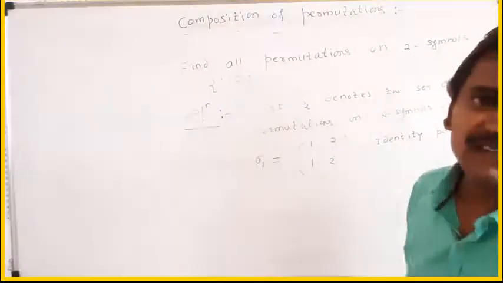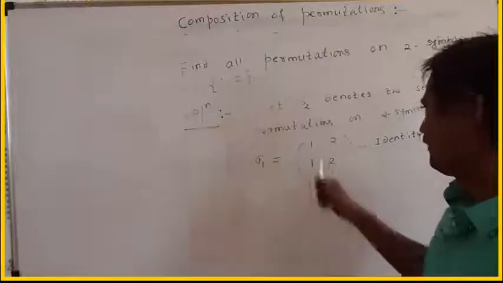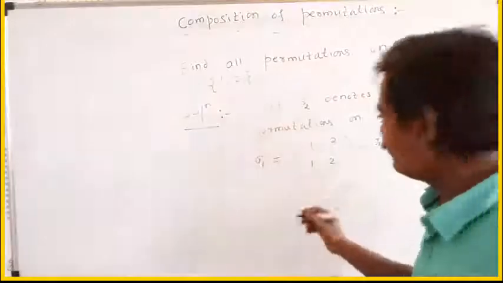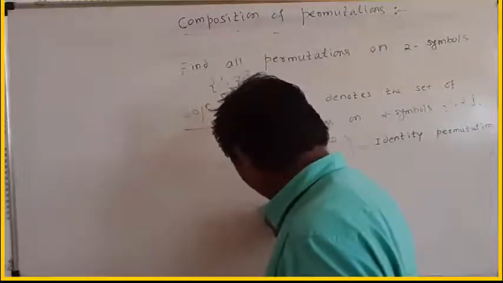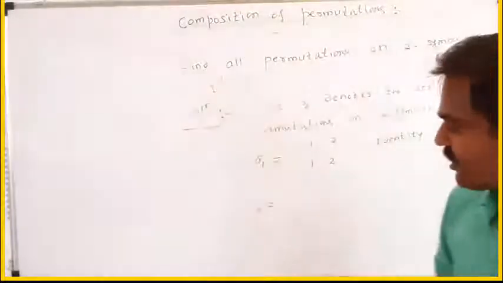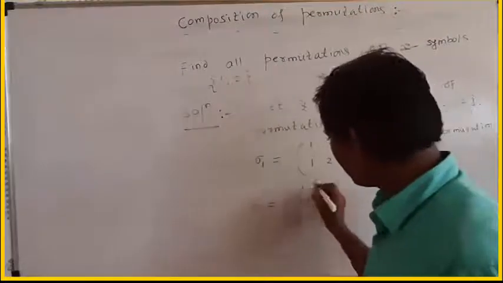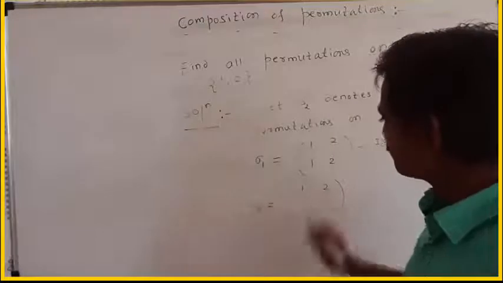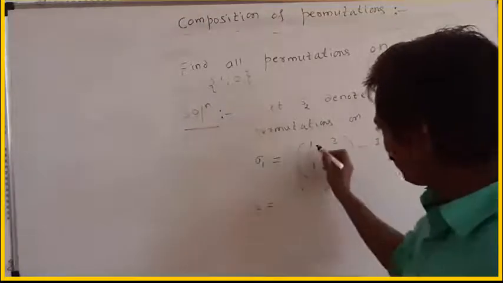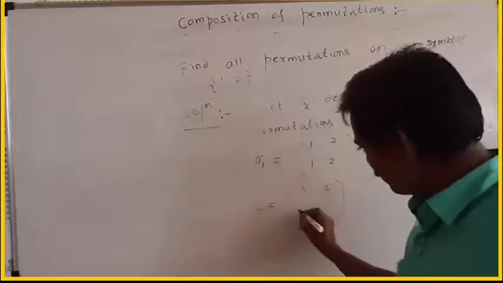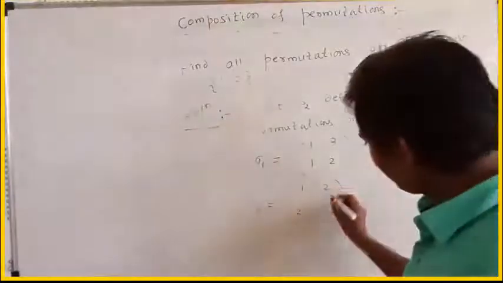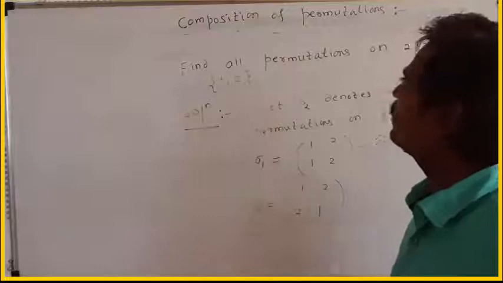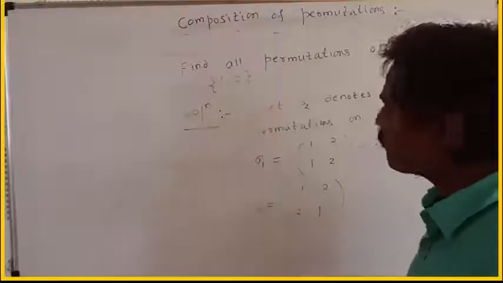Another permutation on two symbols is sigma 2: now we take the image of 1 as 2 and the image of 2 as 1.